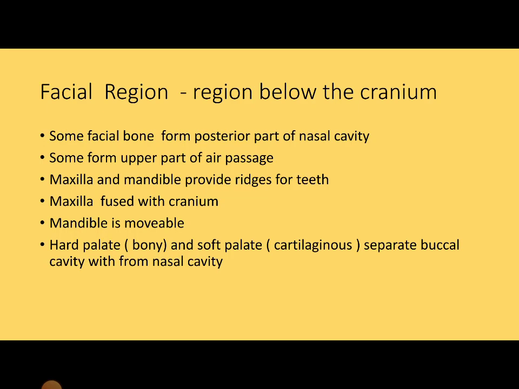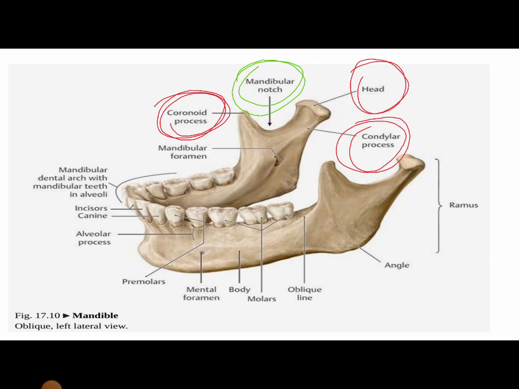Maxilla is fused with the cranium; mandible is movable. The hard palate, that is bony, and the soft palate, that is cartilaginous, separate the buccal cavity from the nasal cavity.